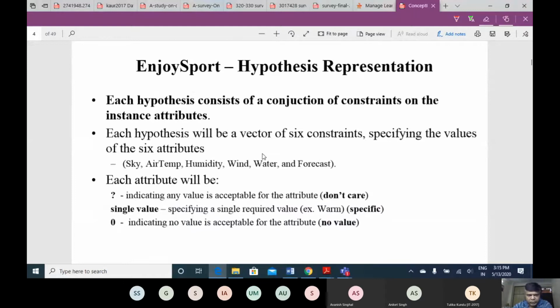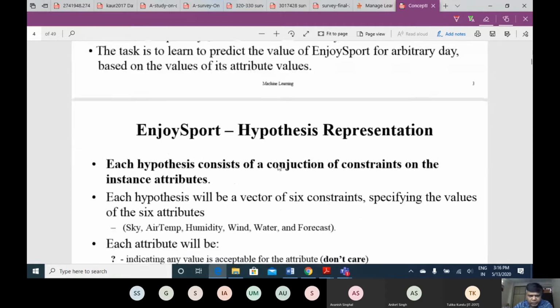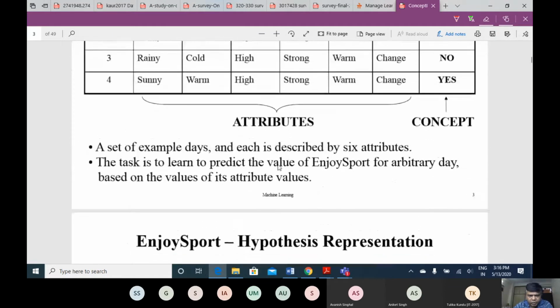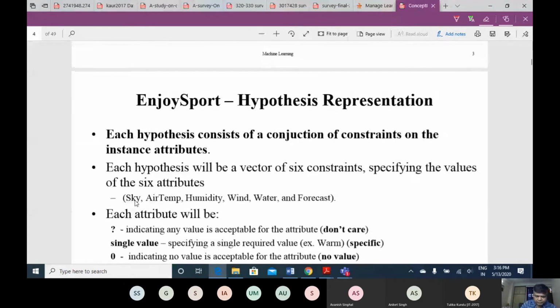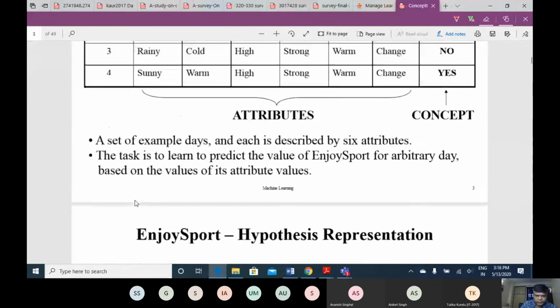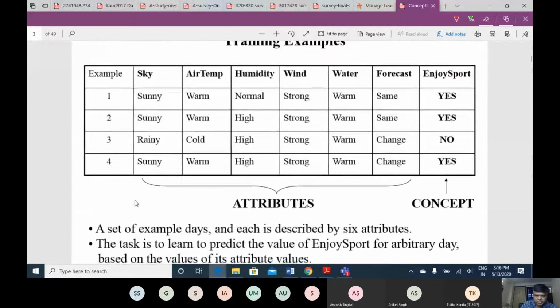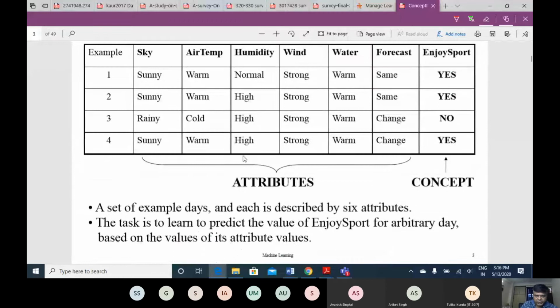Now let us see what a hypothesis is. In a hypothesis, we can use a value for each feature. For example, the first feature represents sky, then the second feature represents air temperature, then humidity, wind, water, forecast.